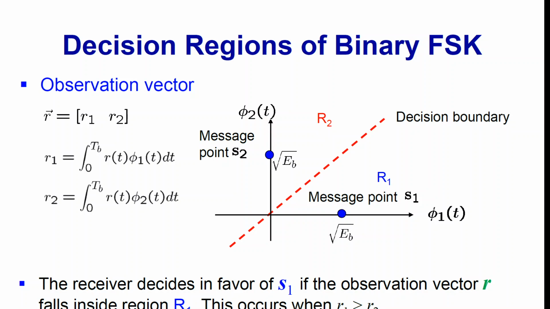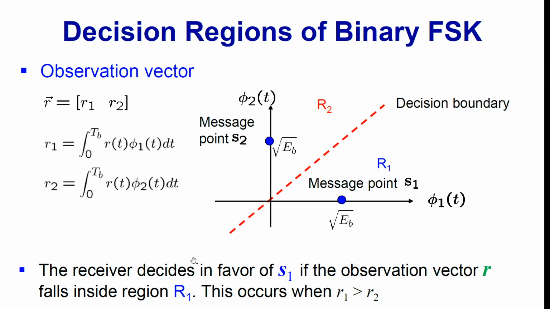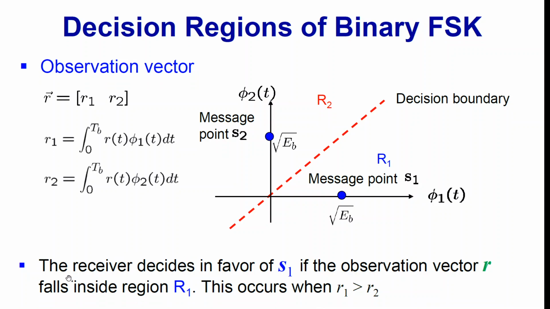Now assume that we have received an observation vector R equal to R1, R2, where R1 and R2 are the projections of R of t on phi 1 of t and phi 2 of t. Now the decision rule is that the receiver decides in favor of S1 if the observation vector R falls in region R1.